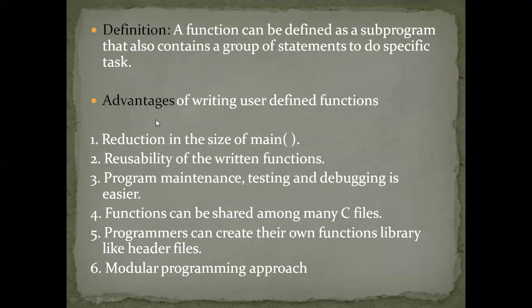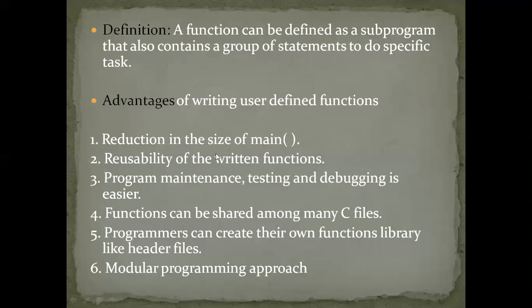Before that we can see the advantages of functions. These are some of the advantages which I have listed here. The first advantage is reduction in the size of the main function. What does reduction in the size of main mean? In the main function, we used to write many lines, or a set of instructions. If you don't make use of functions, the lines of the program code can reach more than 100.